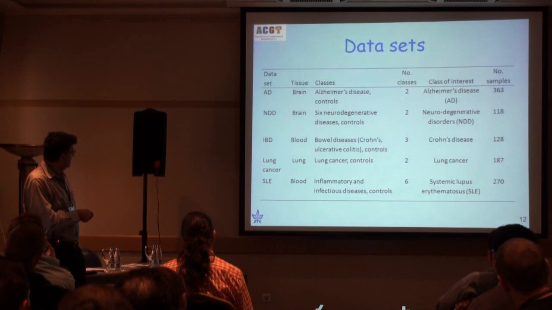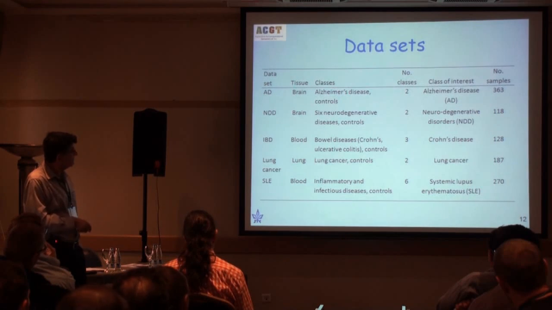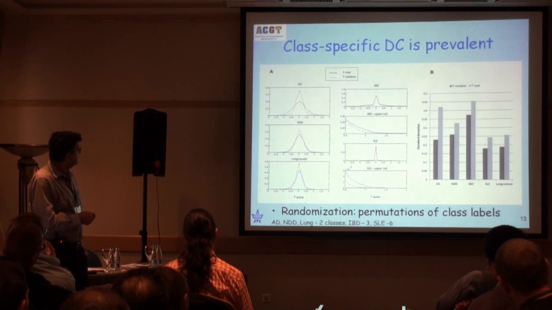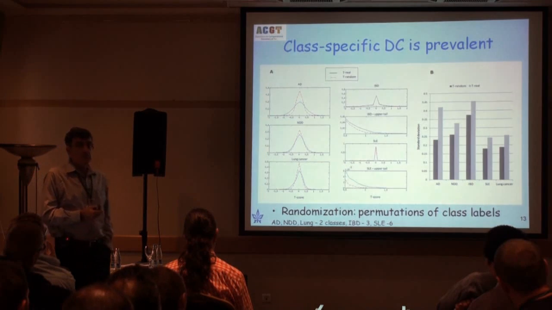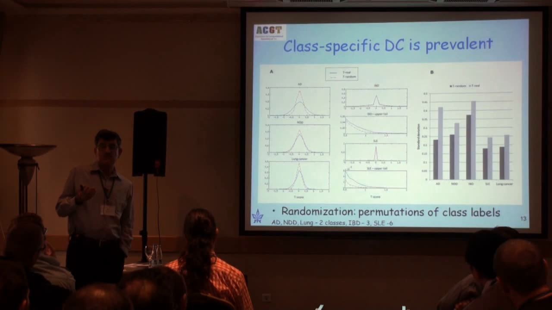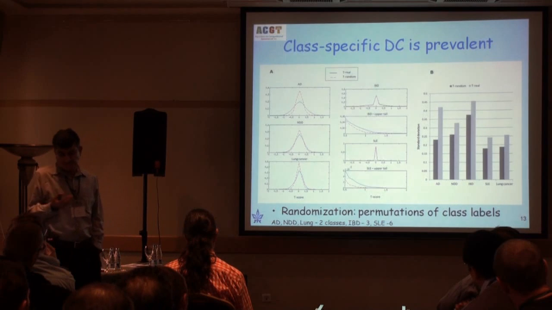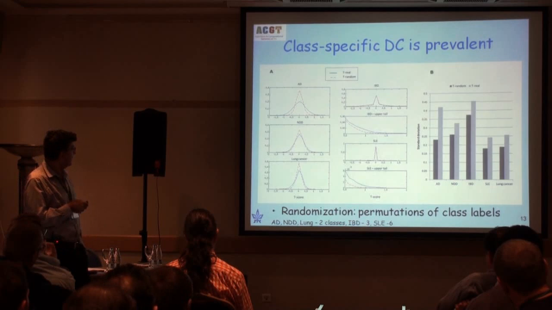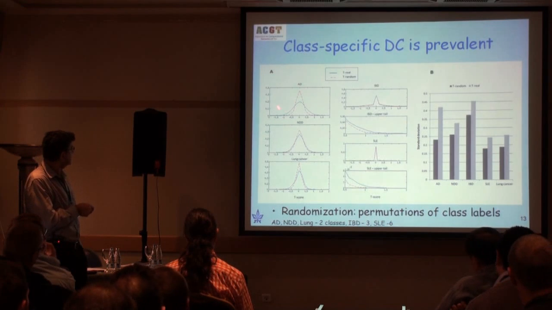And they come from different tissues and different types of diseases. And the first thing that we wanted to see is whether DC is a common phenomenon. So what you see here is, for example, the results on the Alzheimer's disease data.